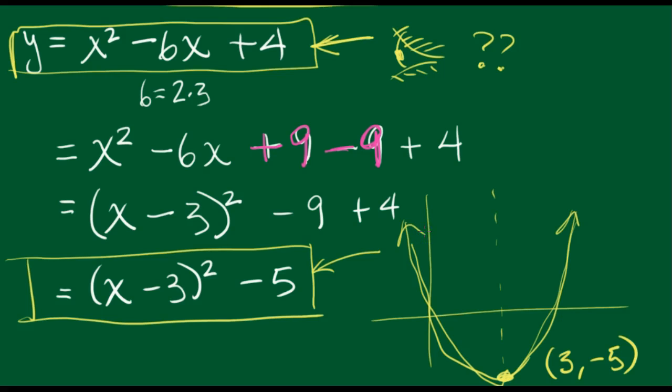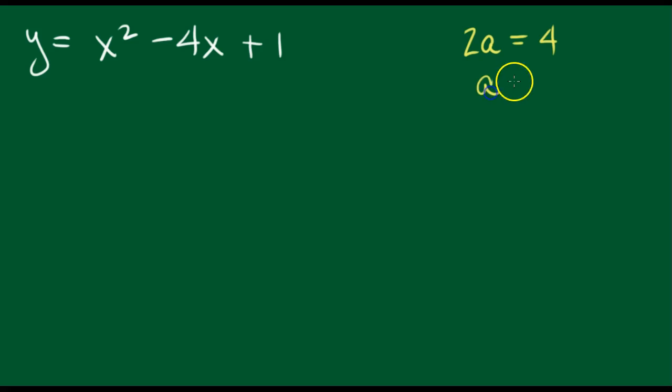Okay, so that's the first variation that we have. One more problem of this type, let's see. y is equal to x squared minus 4x plus 1. Well, 2a, I think to myself, is 4, so a is 2, a squared is 2 squared, which is 4, but I don't have enough here.